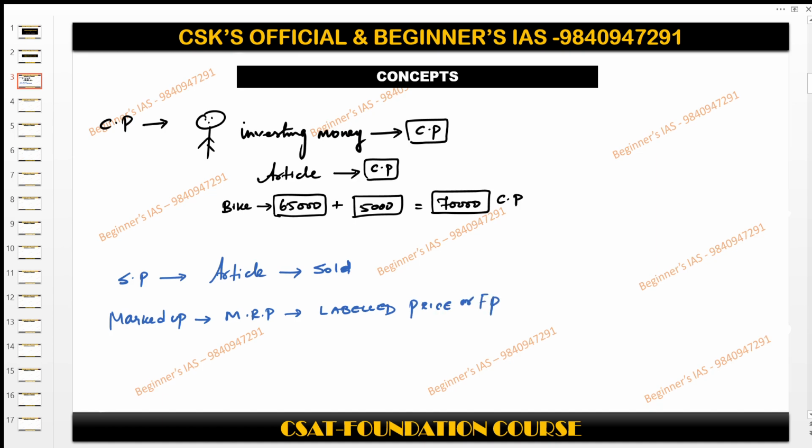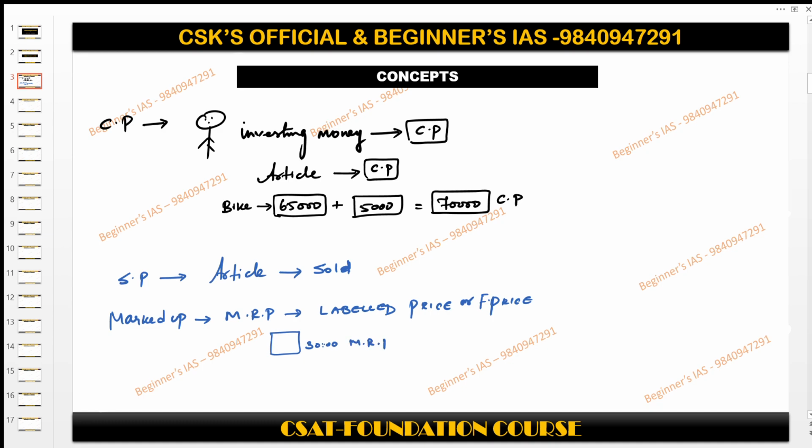If you want, you can expand that. For example, when you are buying milk, some MRP will be there. Some bread packet, whatever the article, some MRP will be there. Say 30 rupees, that is the MRP.